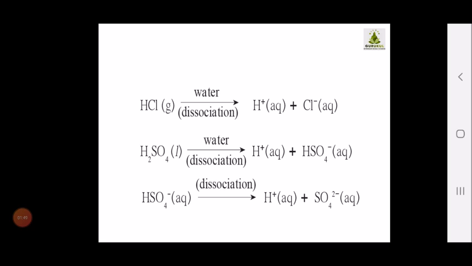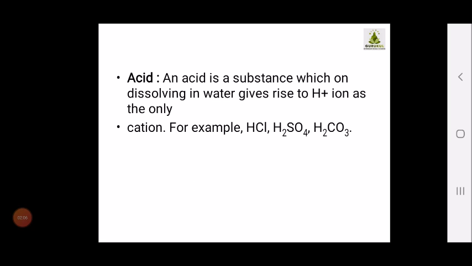Again, if you split HSO4- into two parts, you will get H+ and SO4 2-. So children, this is how acids are formed, and hence we say that acids are substances which give rise to H+ ions.